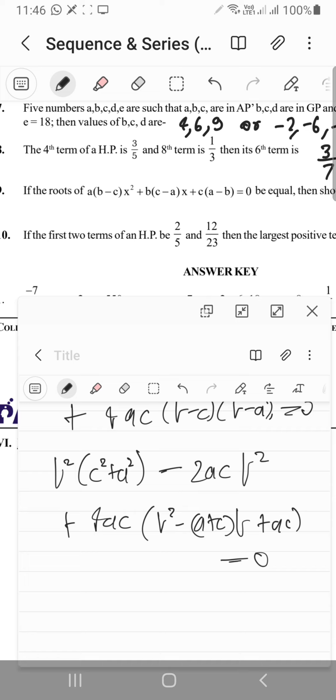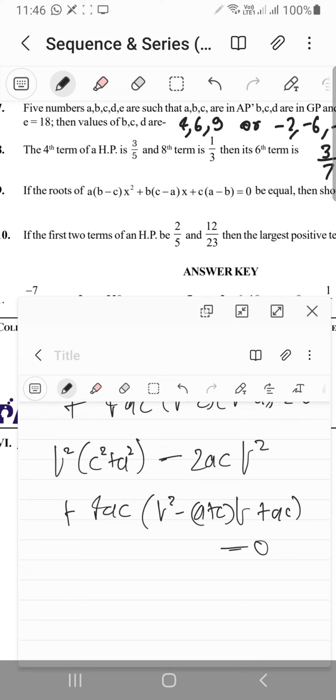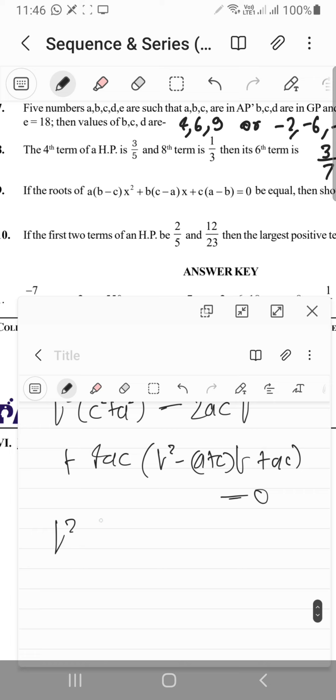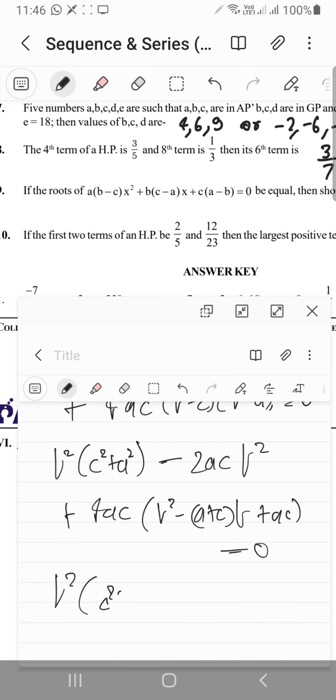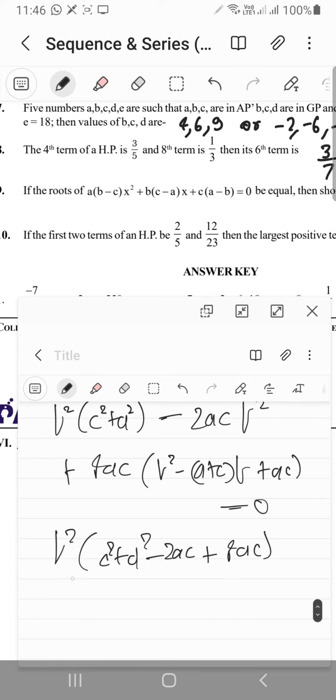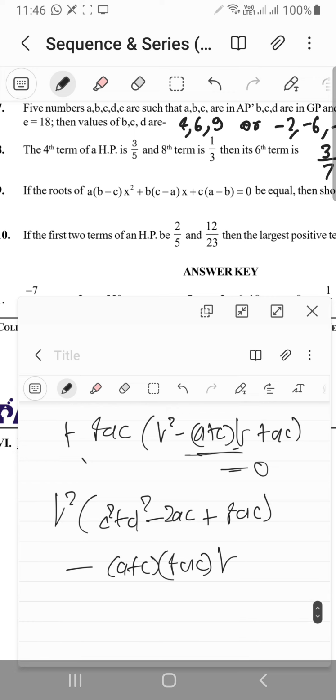So this thing plus 4AC into B squared minus (A plus C) into B plus AC equal to 0. Cool. You know what, instead of doing all that, just take B squared common, and this will be C squared plus A squared minus 2AC plus 4AC, right? Cool. And then let's take B common, and B only has one term, so it's like minus (A plus C) times 4AC times B, and then plus 4A squared C squared equal to 0.